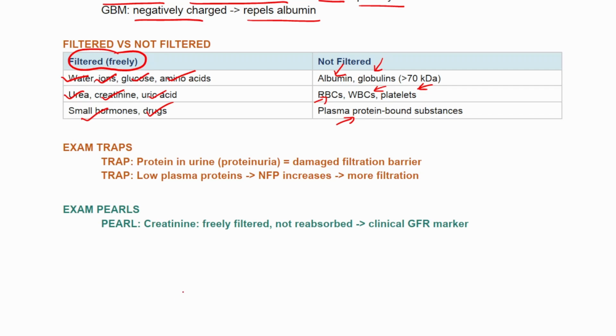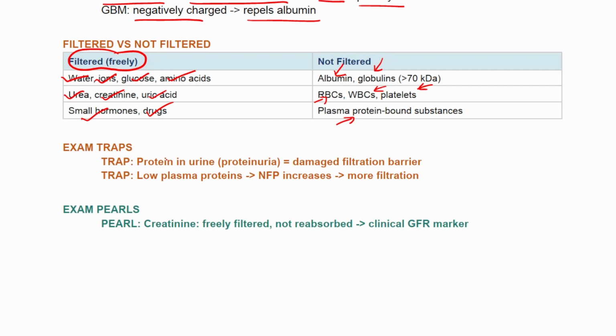Now pay critical attention to these traps. Examiners love to test your conceptual understanding of how systemic alterations change the net filtration pressure through mathematical manipulation. A classic exam trap describes a patient with severe liver cirrhosis or malnutrition who has lost the ability to synthesize plasma proteins, leading to low plasma protein levels.